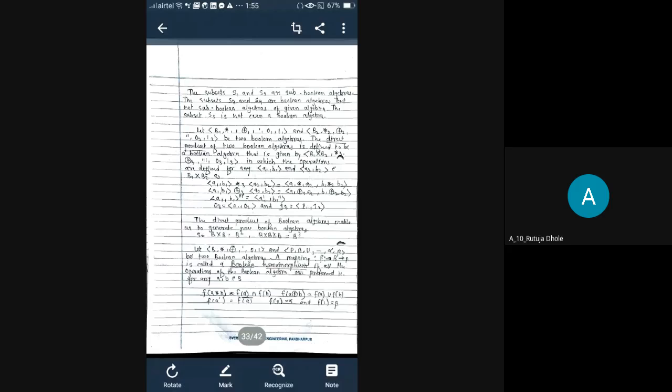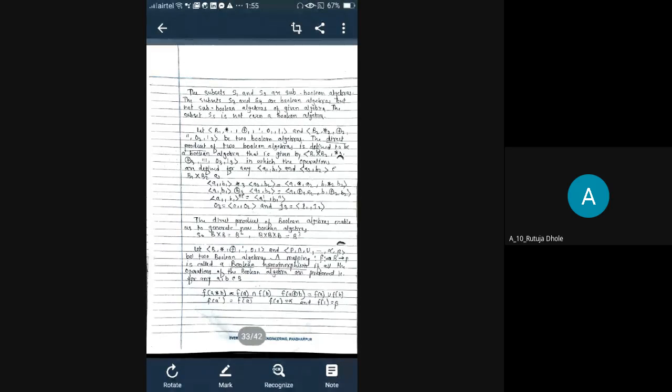Because B1 belongs to the second Boolean algebra, and its complement operation is double complement. Now 0 3 will consist of the elements 0 1 and 0 2, and 1 3 will consist of the elements 1 1 and 1 2. So likewise we can define the direct product between two Boolean algebras.